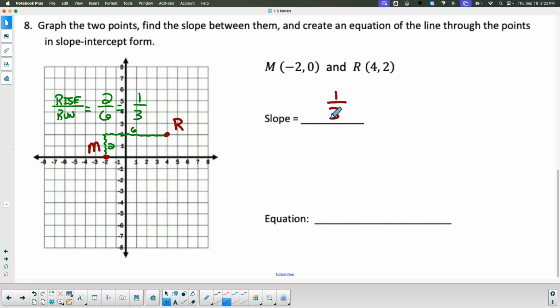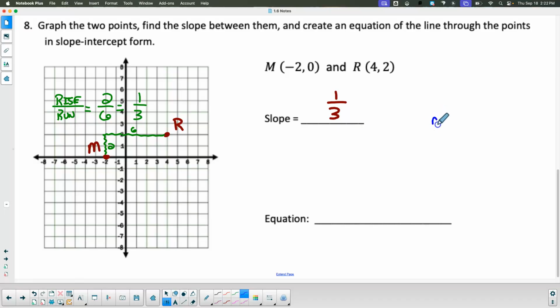Another way of finding slope between those 2 points. You do a y minus a y and an x minus an x. And what am I going to do with those? Add them, subtract them, multiply them, divide them? You're going to divide them. Okay, so is it going to be y's on top or x's on top?